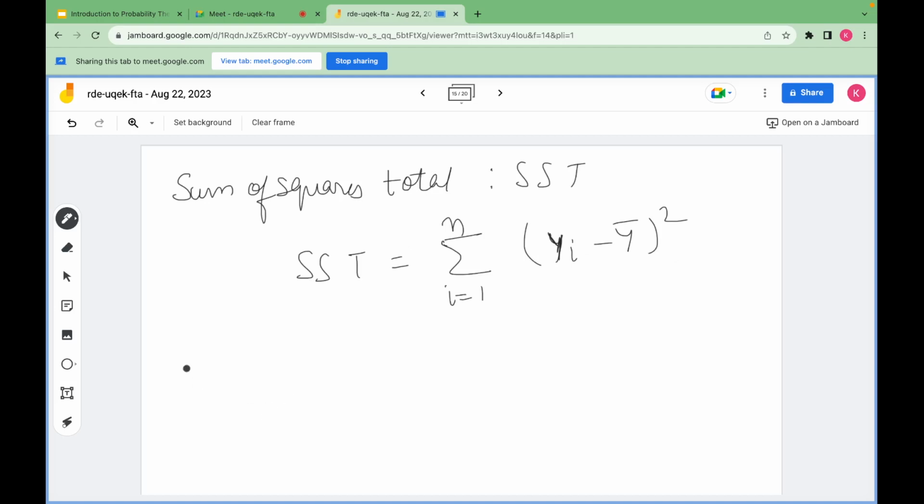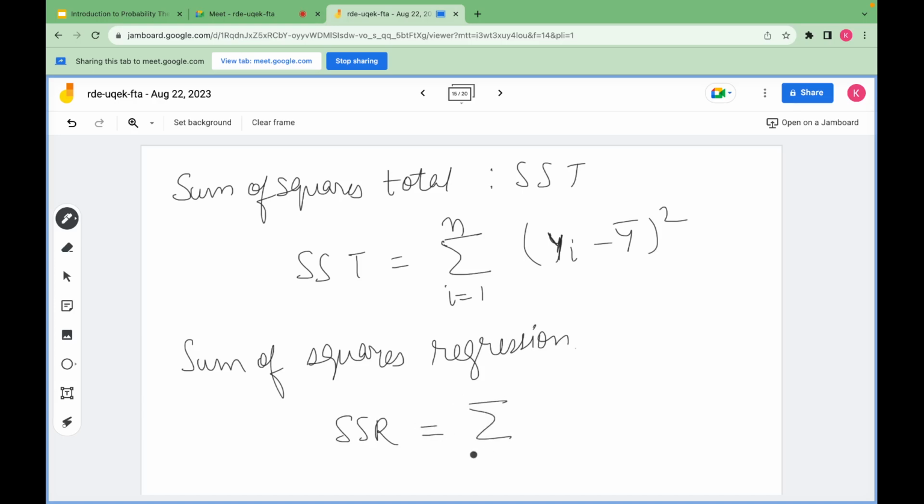Then there is a term, sum of squares regression. This is the difference between the predicted value and the actual average.